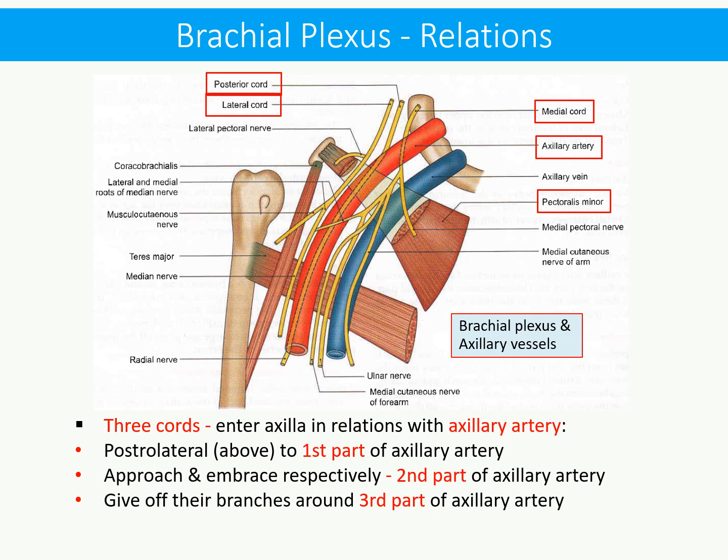These three cords approach and embrace respectively the second part of axillary artery. They give their branches which are present around the third part of the axillary artery. Axillary vein throughout its course lies anteromedial to the axillary artery.